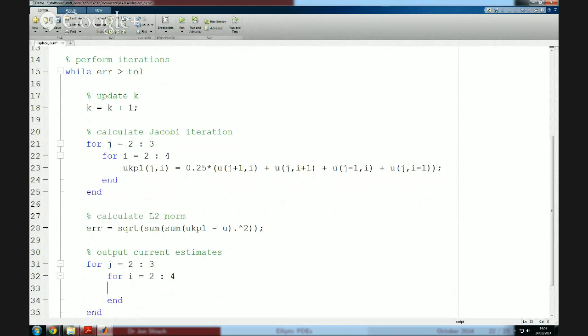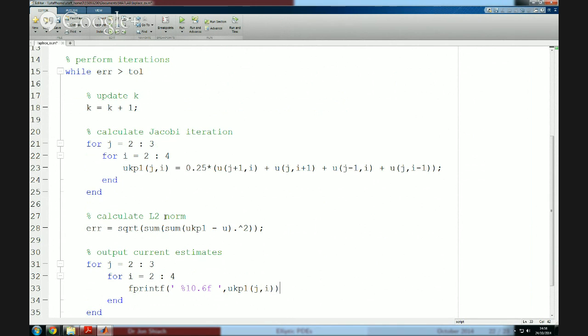I'm going to use an fprintf command, and I'm going to output 10.6 decimal places. The thing I'm going to output is UJI. Actually, I'll output UK plus 1 JI.